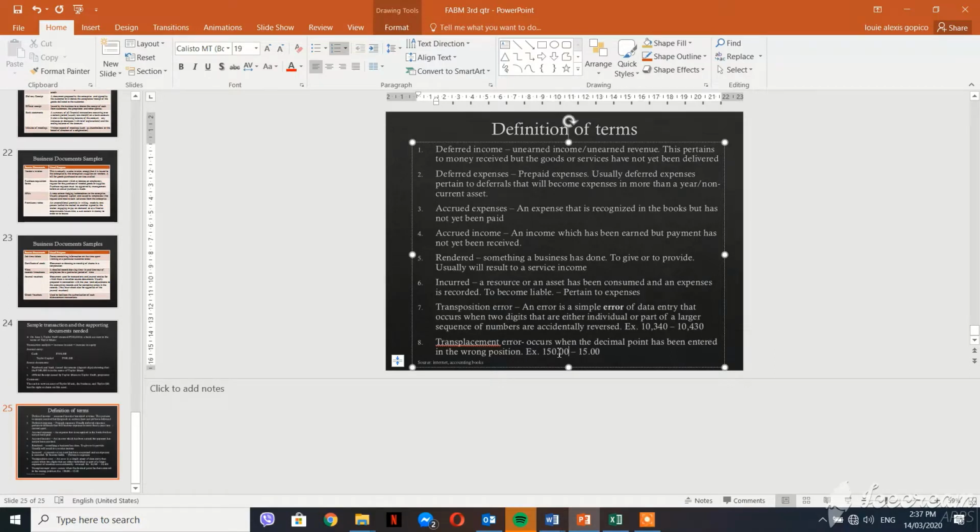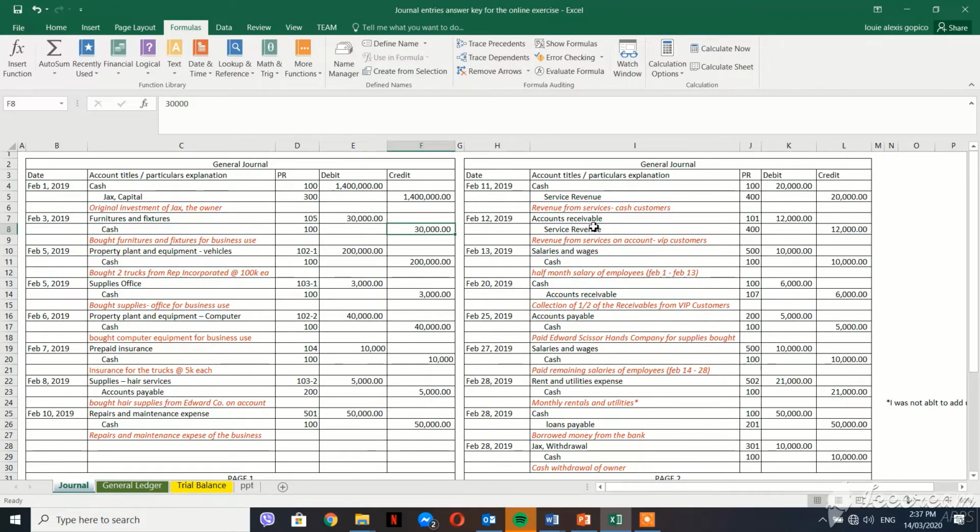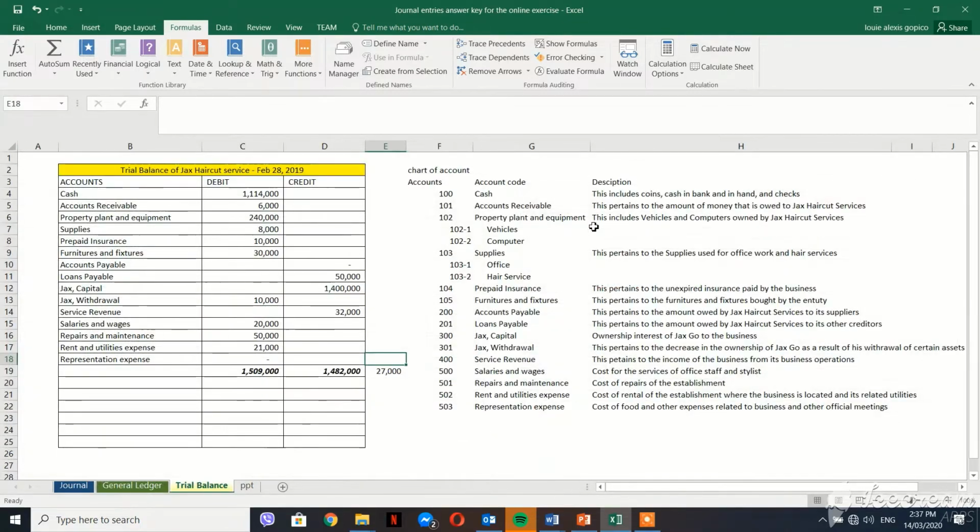So that's an example of a transplacement error. In our example here, this is 30,000 pesos cash. For example, we mistakenly recorded it as 3,000. So in the trial balance, the difference is 27,000.